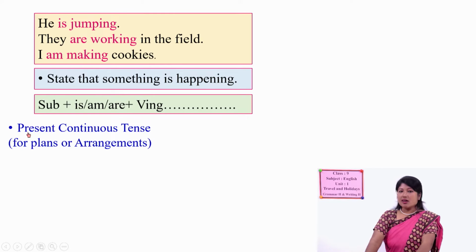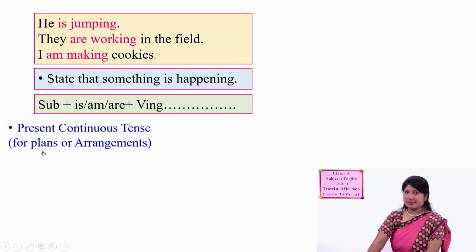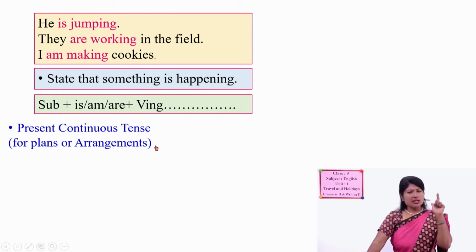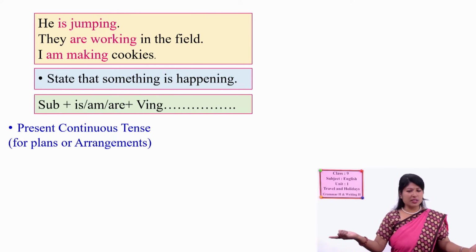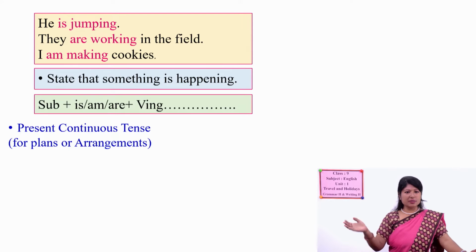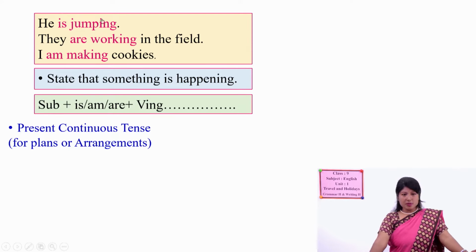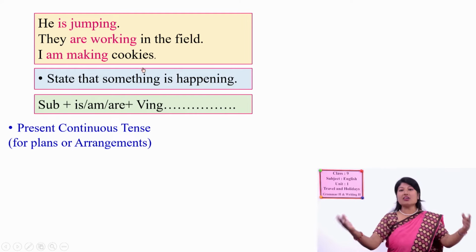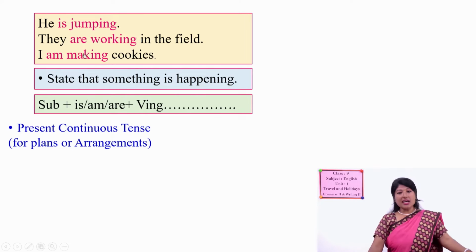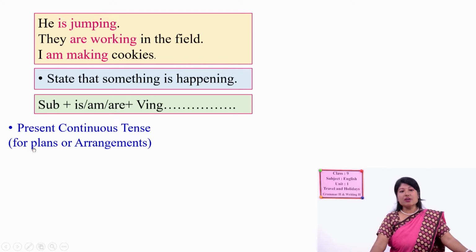But now let's talk about the present continuous tense for plans, for arrangements. In the sense of giving future meaning, the sentences above talked about an action going on now, and here we are talking about present continuous tense for plans or arrangements.